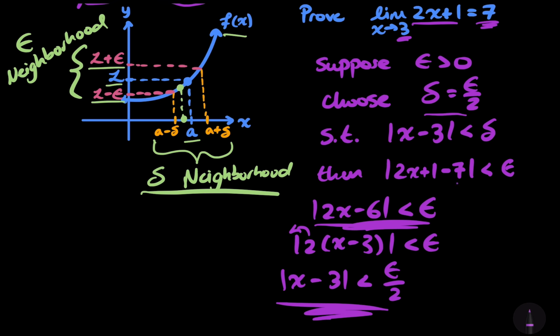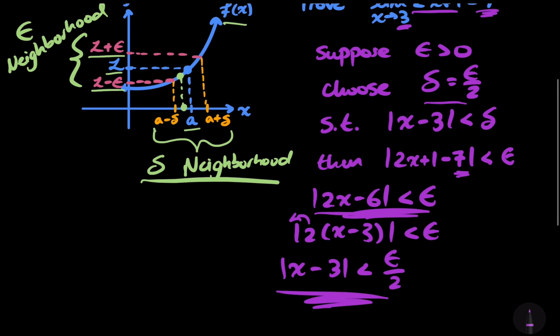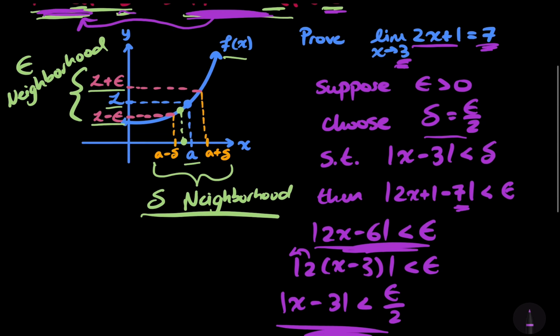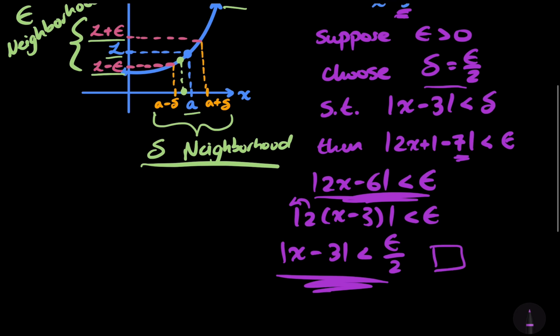What that means is that if we choose any epsilon neighborhood around our limit L, in this case positive 7, then as long as we define our delta to be equal to epsilon over 2, we will always have a valid delta neighborhood around x equals 3. And so we're able to say that the proof is complete. We put this little box over here, and we can shade it in if you would like.